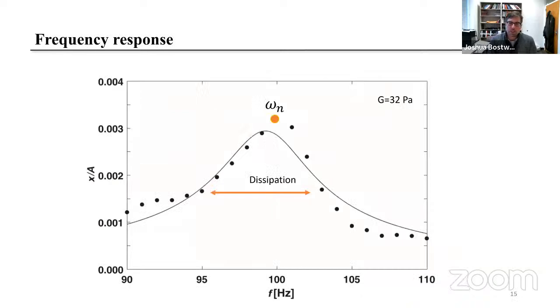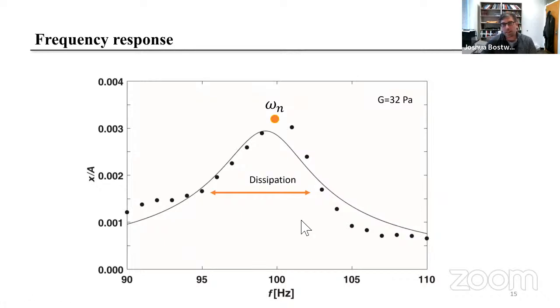So when we do this technique, we can produce experimental frequency response curves as shown here. What you're seeing here is a measure of the deformation of the drop as it depends upon frequency. And you see this nice resonance curve with a peak frequency at omega_n.